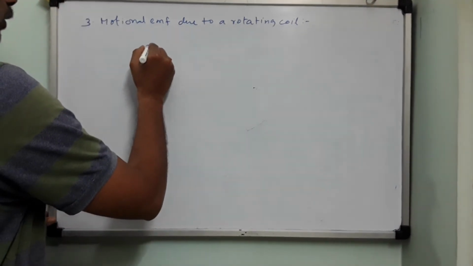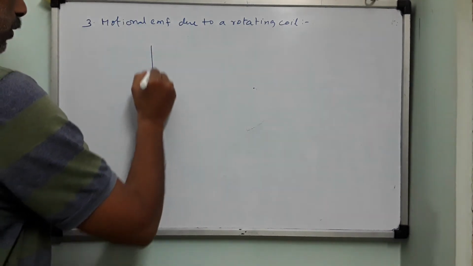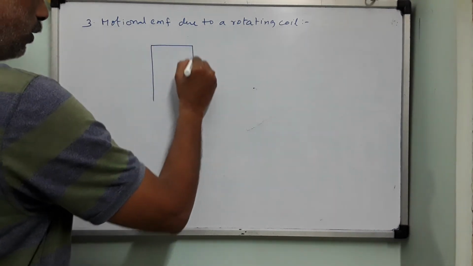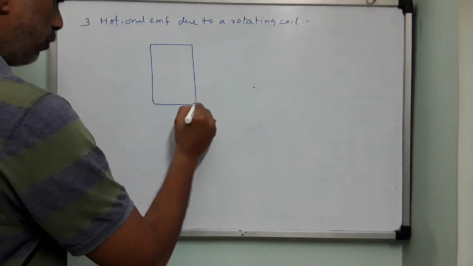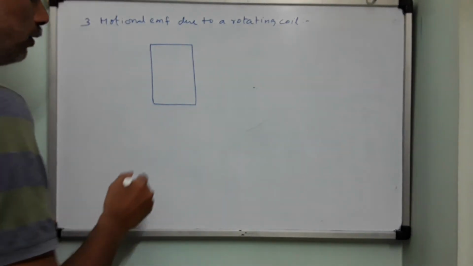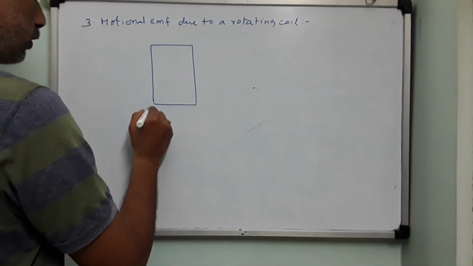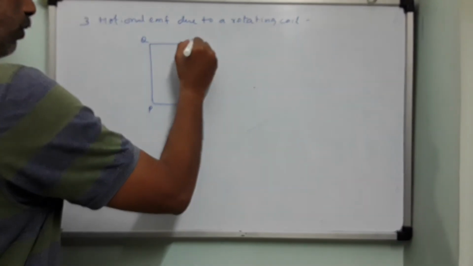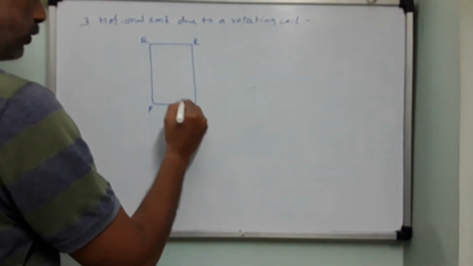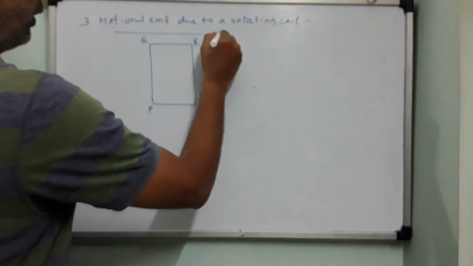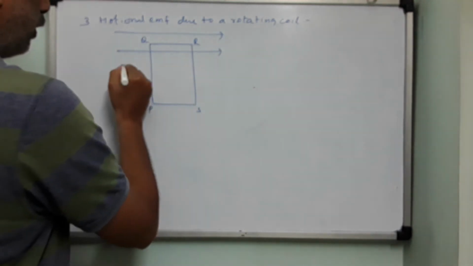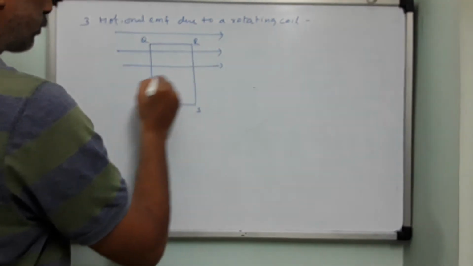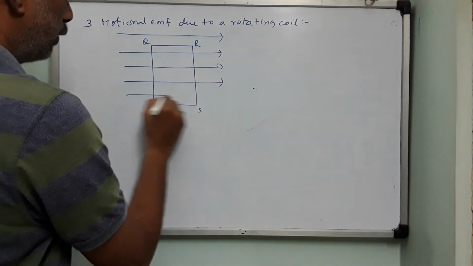Now have a coil here, maybe a rectangular coil. Name it PQRS. Now keep it in a uniform magnetic field that is parallel to the plane of the board.